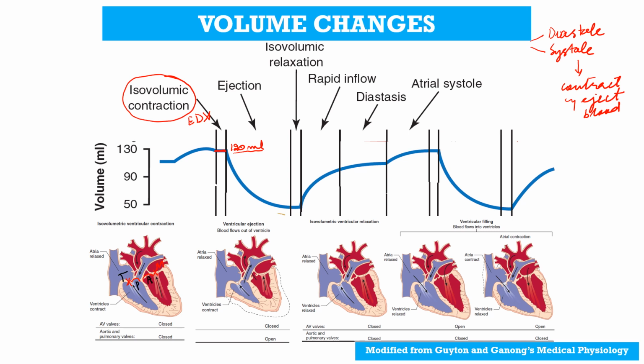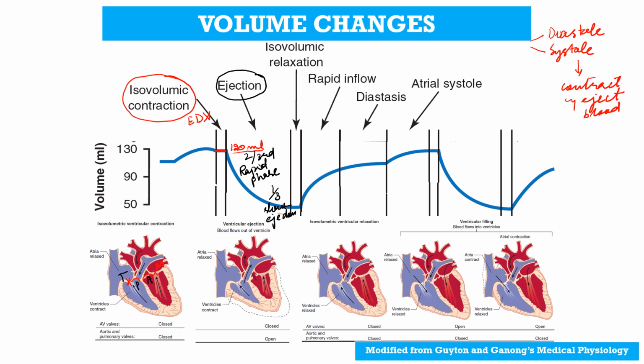The second phase is ejection phase. During this phase, 2/3 of the volume is ejected in the rapid phase, while 1/3 of the volume is ejected during the slow ejection phase.